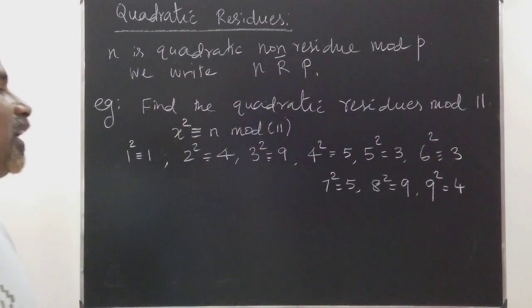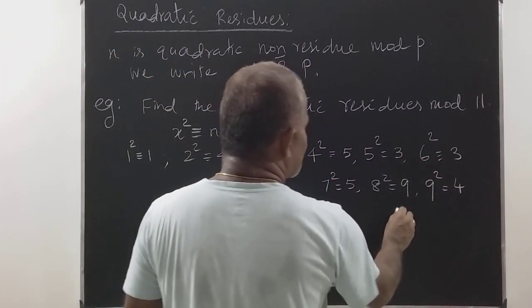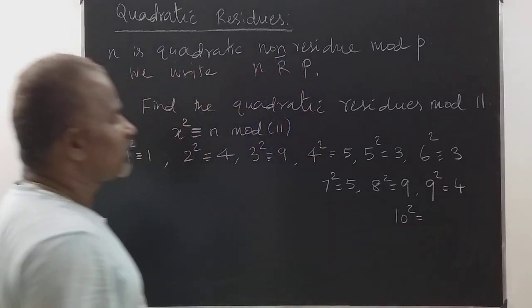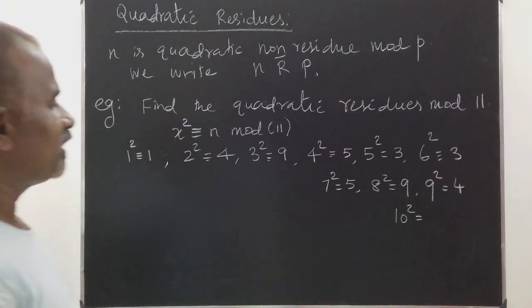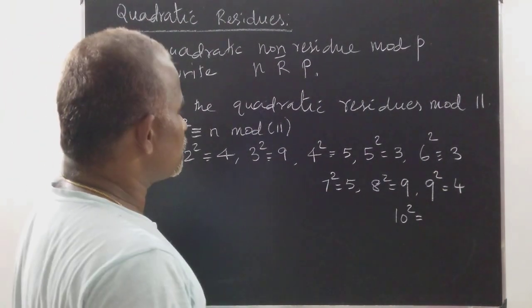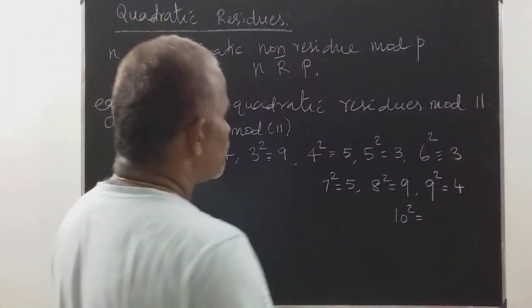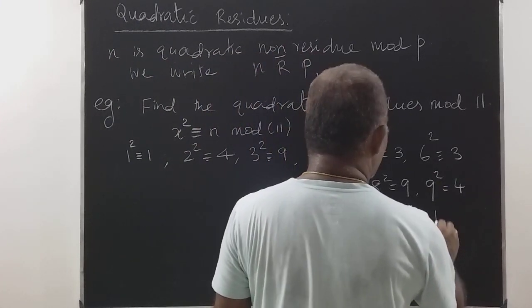Then 10 squared is 100, 100 minus 99, so 10 squared is congruent to 1.